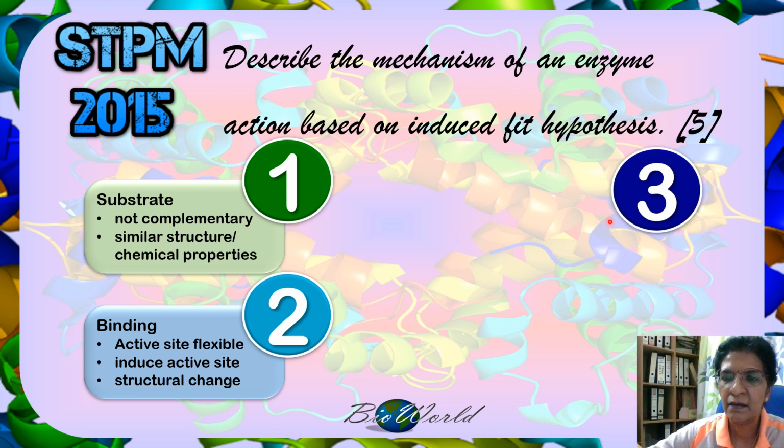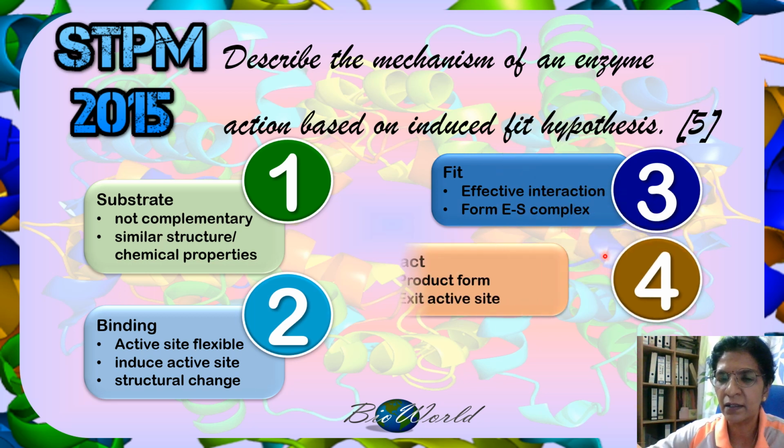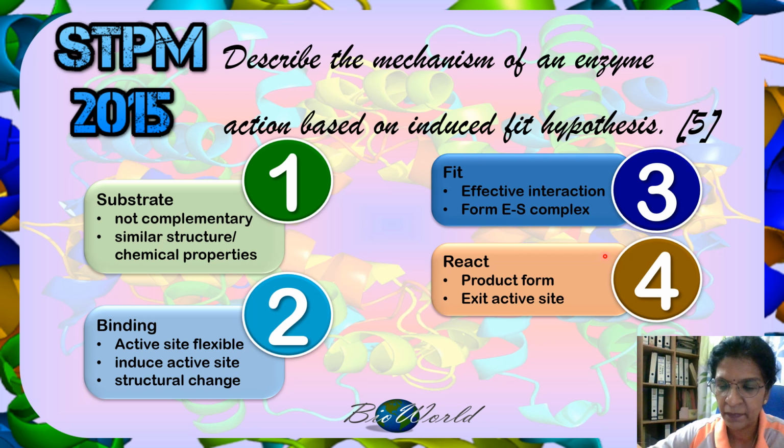Third point, when the structural change happens, there will be an effective interaction between the enzyme and the substrate, enabling the formation of an enzyme-substrate complex. Once we have an enzyme-substrate complex, a biochemical reaction will be triggered. Product will be produced.